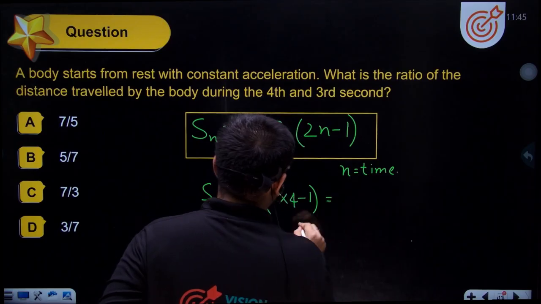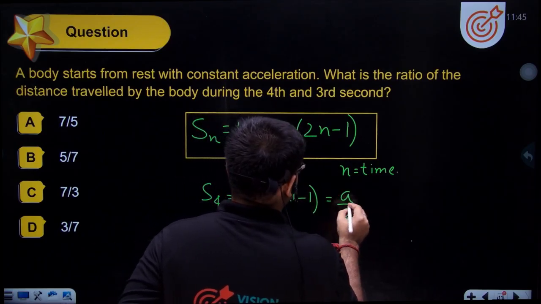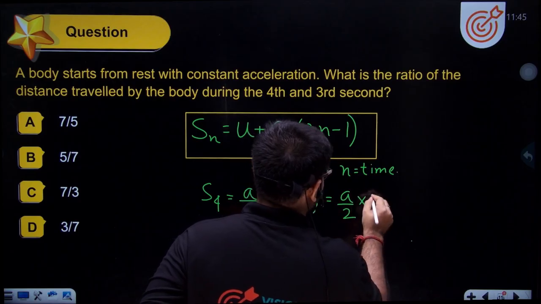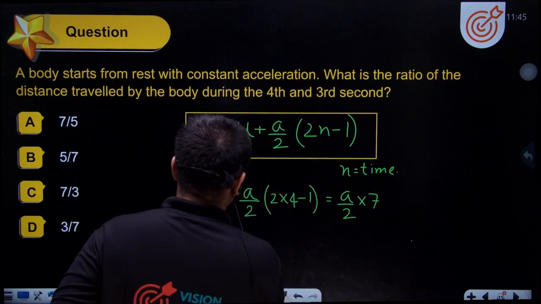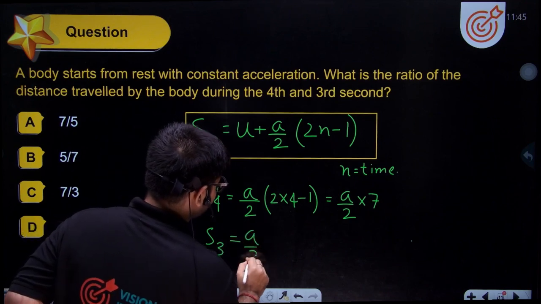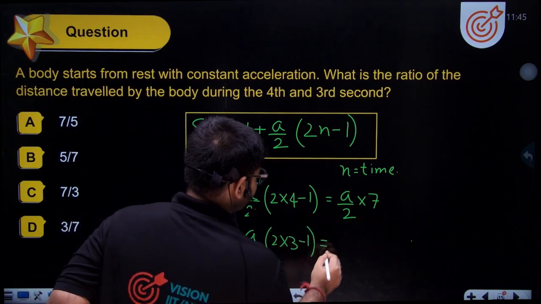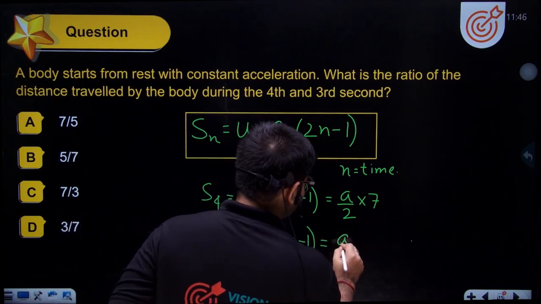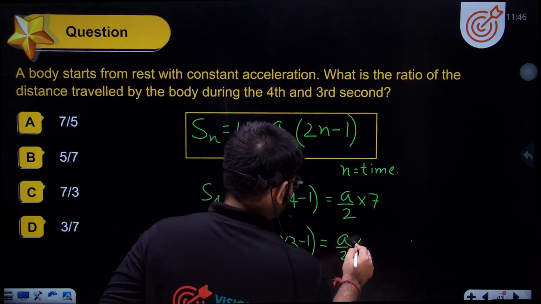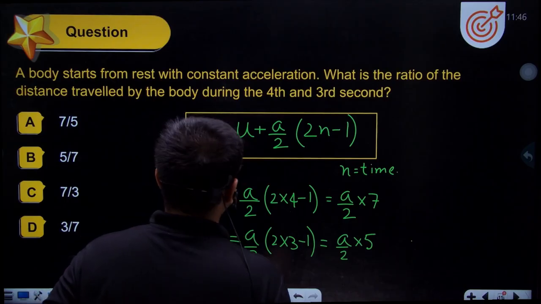So you are going to get a/2 into 7. And S3, how much will you get? a/2 into 2 into 3 minus 1. So this is going to give you a/2 into 5.